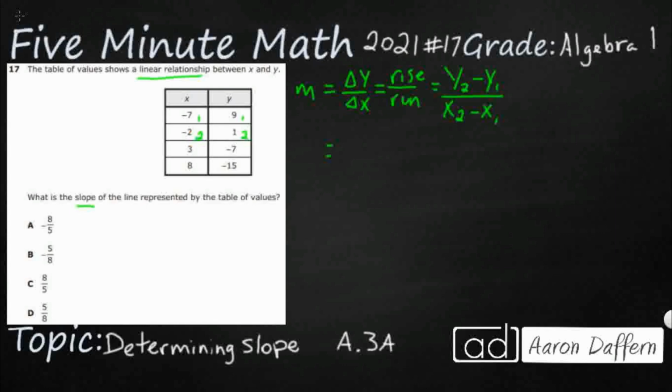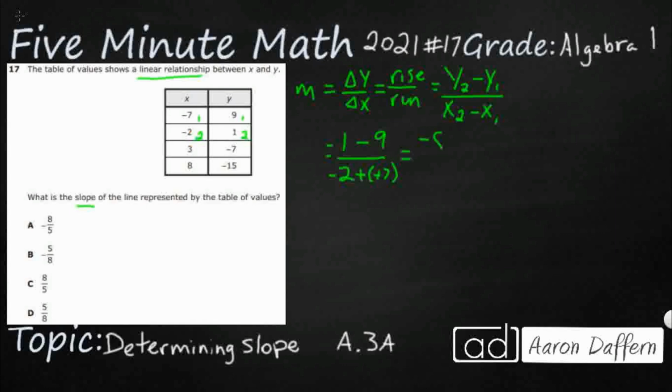So my y2 is going to be 1. So this is why you label them, because you have to put the y1 and y2 in the correct spot. So my 9 is going to be minus 9, and then I've got my negative 2 as my x2, minus, and then I've got a minus negative 7, so that's going to end up being positive 7, right?